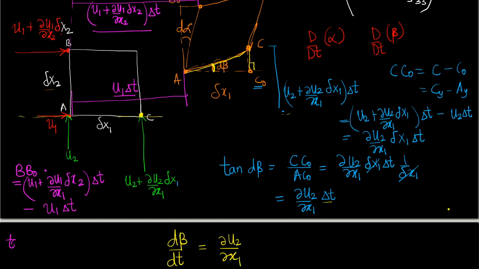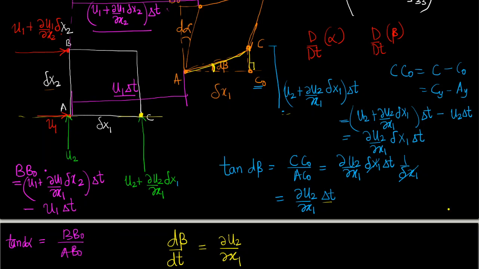So tan of d alpha would be equal to BB0 divided by AB0, but AB0 is the same length because we do not have any gradient in the y direction between points A and B. So this will be Δx2.